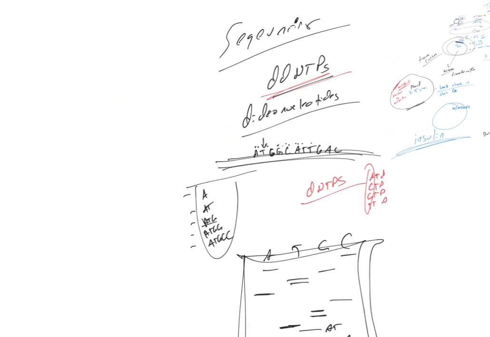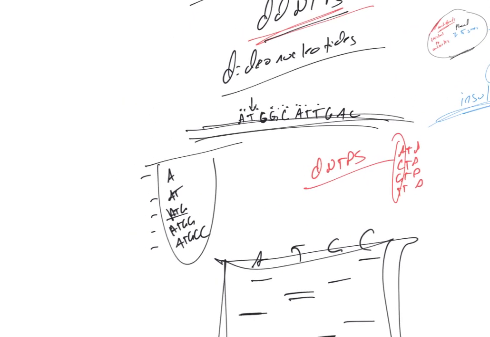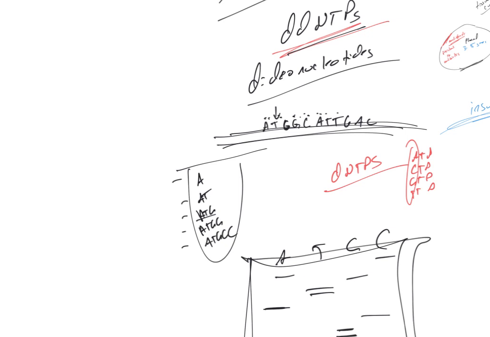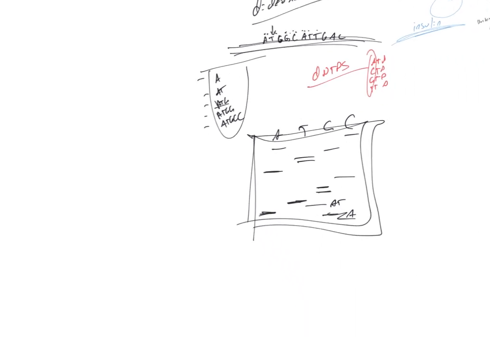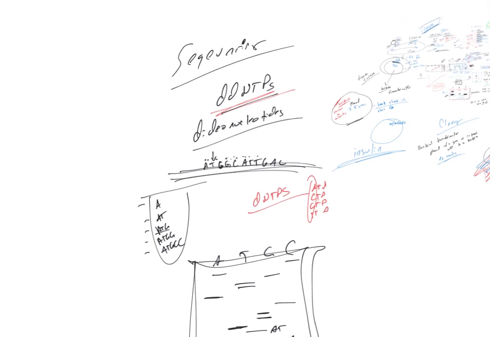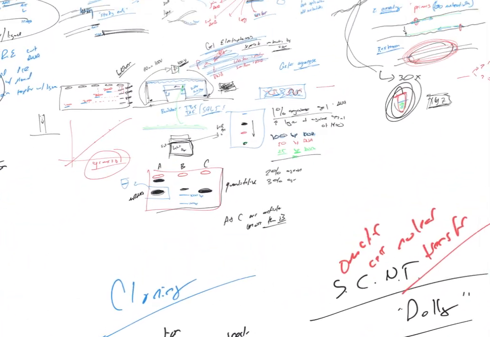Another way they do it is with a light scanner. It gets confusing. We're using PCR here basically. We're amplifying a piece of DNA, so we're using primers.